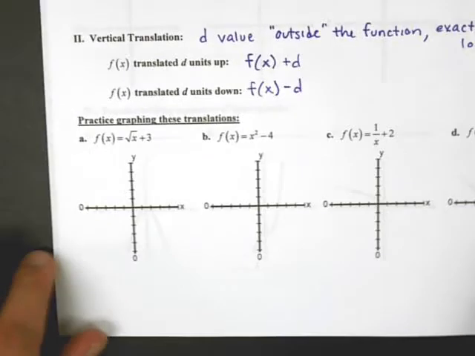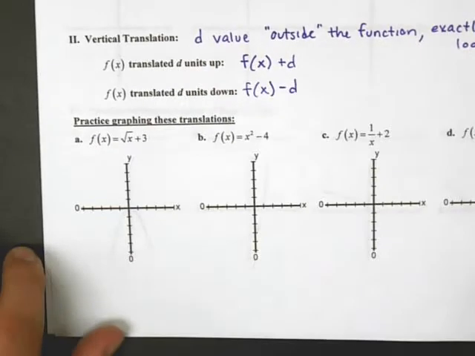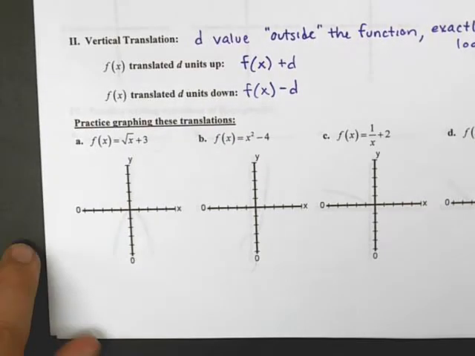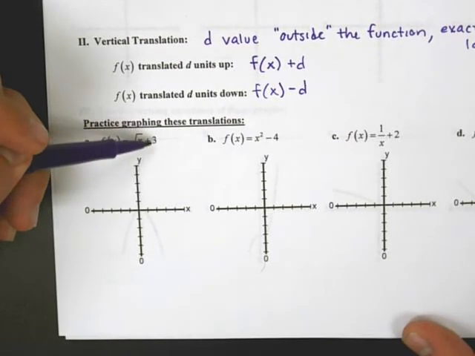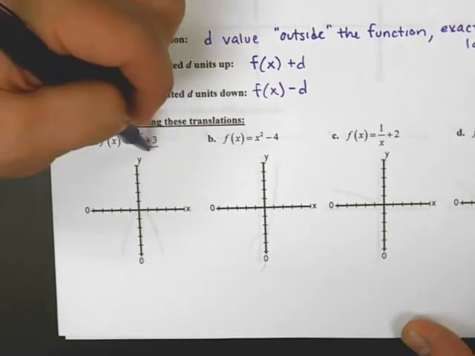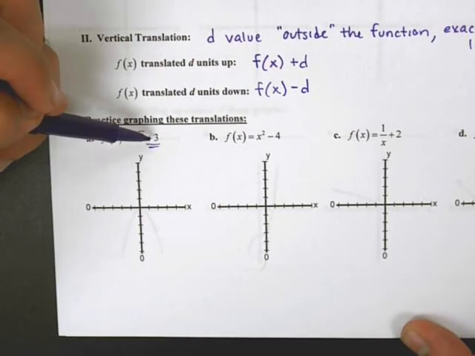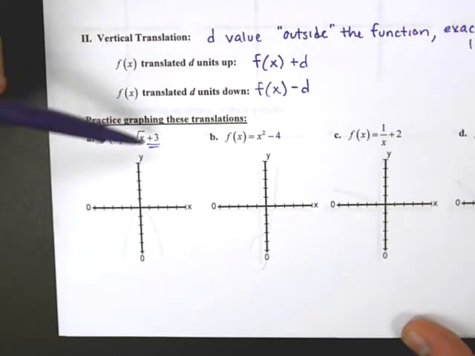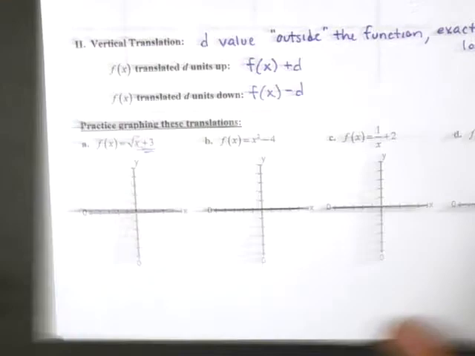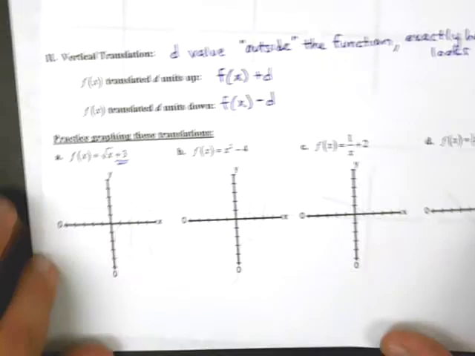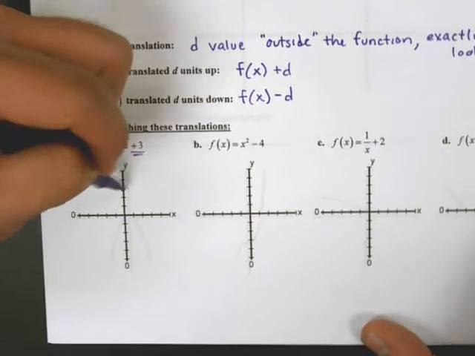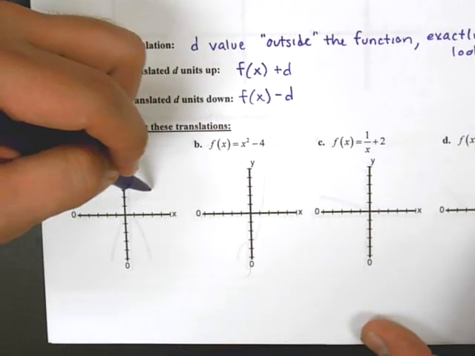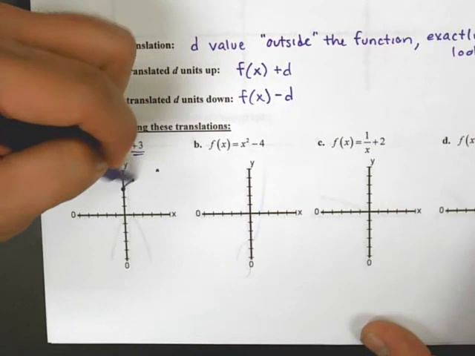So let's take a look at a couple of these and then we will move forward. All right, down at the bottom here we have a square root function. We're going up 3 units, correct? This is outside, which means it is a vertical translation, and because it is plus 3, we do exactly what it says. So the square root of x going up 3, and then I could plot some more points, so (1, 1), (4, 2), and sketch.